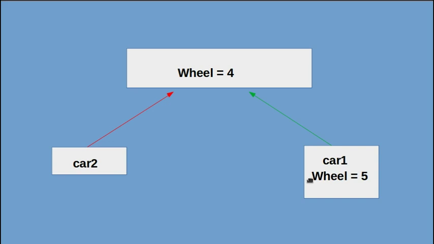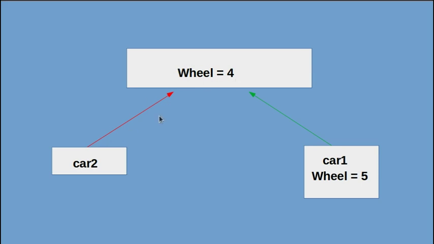So what is Python going to do? First, the object will search within its own namespace to look for that wheel variable. If it finds it, it will use it. But if it doesn't find it, like in the case of car2, if you print the wheel variable, it looks within the object itself, it doesn't have the wheel variable, so it will go to the class it belongs to and check if it has the wheel variable, and if it does, it will use it.